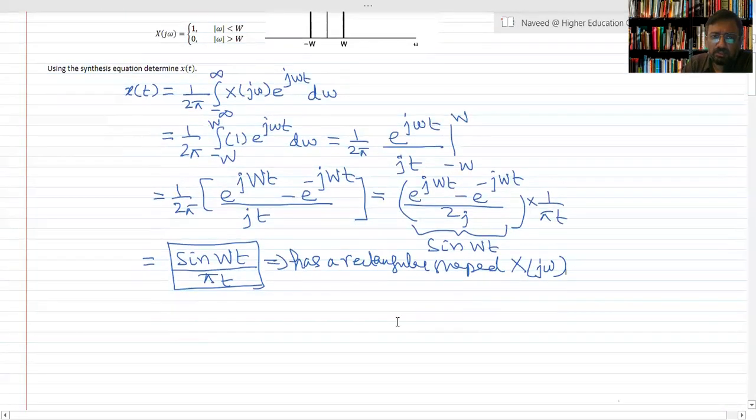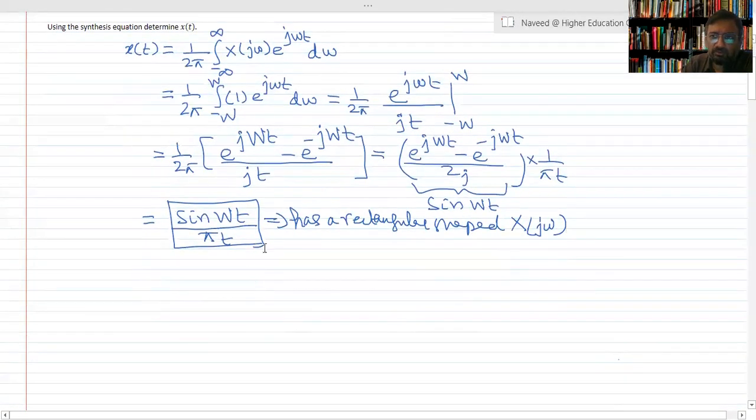Now, if we look at the functional form of x(t), we have already seen this functional form when we discussed the Fourier transform of a rectangular pulse in time domain. If you recall, for a rectangular pulse in time domain, its Fourier transform also had this functional form. And this functional form frequently appears in the analysis of LTI systems and whenever we do Fourier transforms. Therefore, it is worthwhile to spend some time on this function.